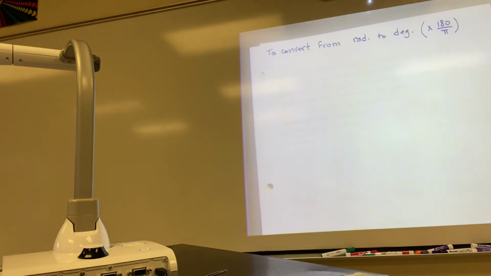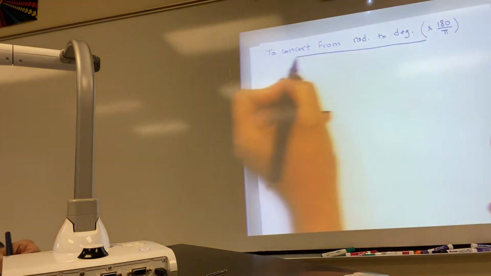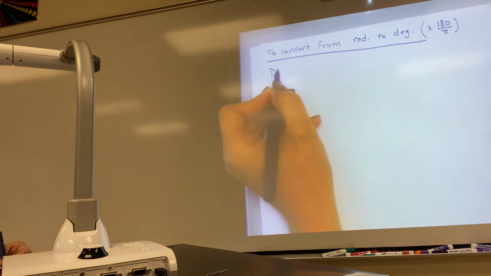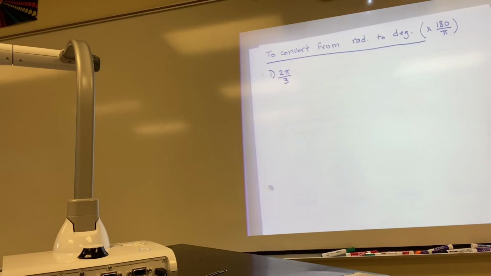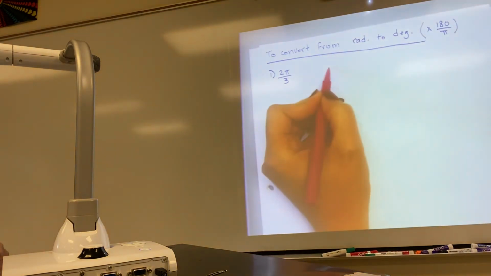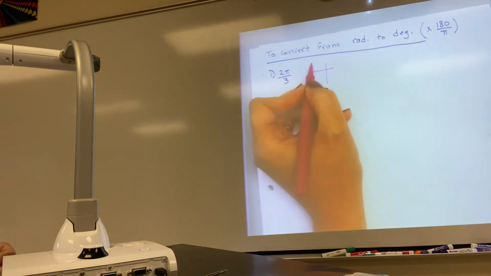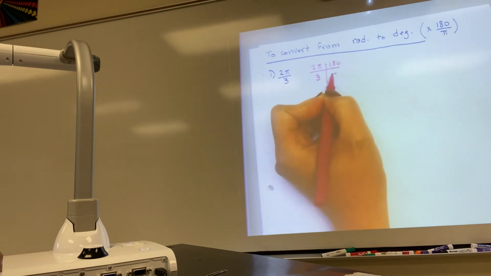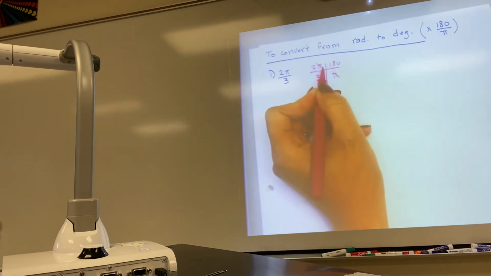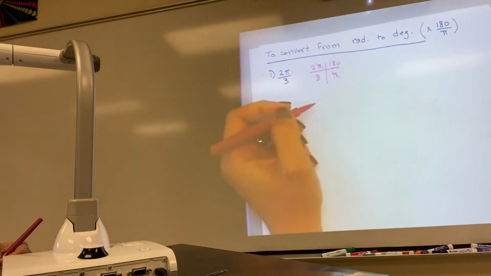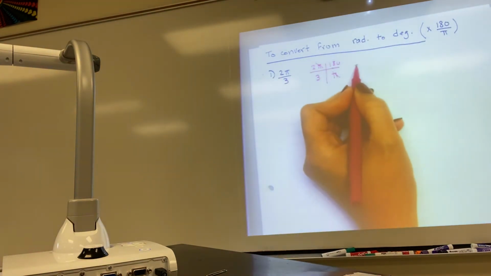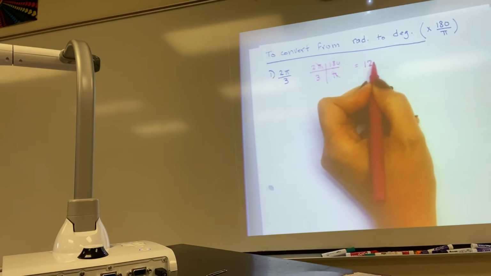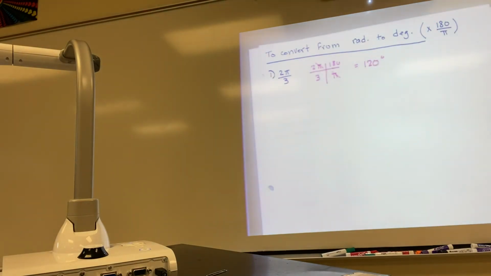Let's look at some examples again. First one, we have 2 pi over 3. I'll multiply it by 180 over pi. Of course, pi will cancel, and the 3 and the 180 can be reduced, and your answer will be 120 degrees.